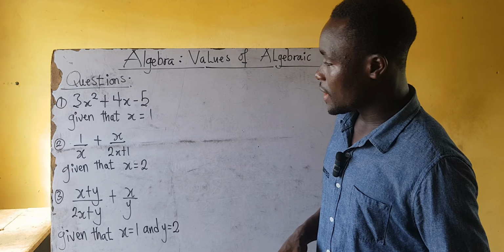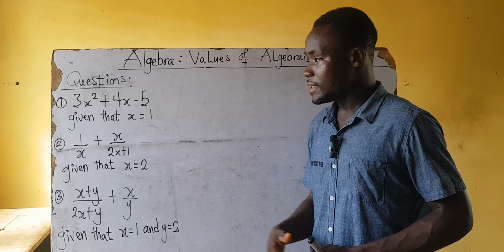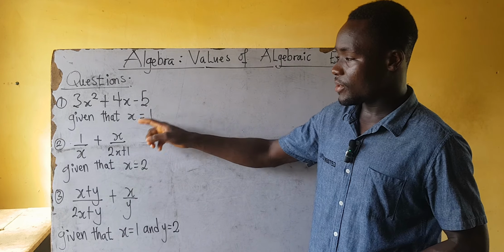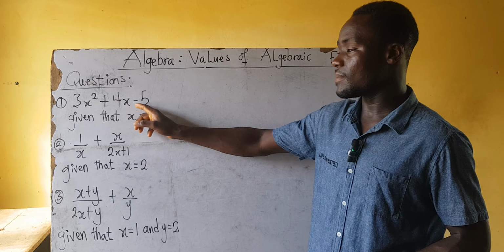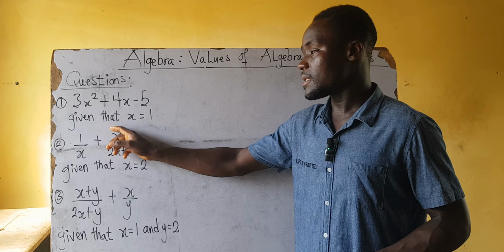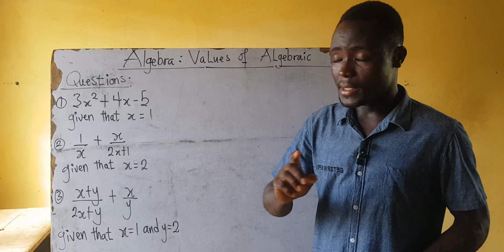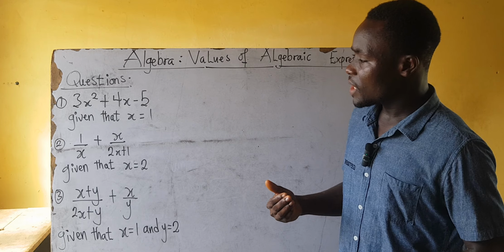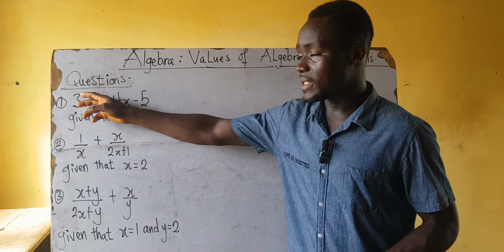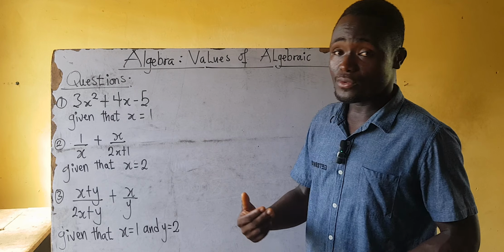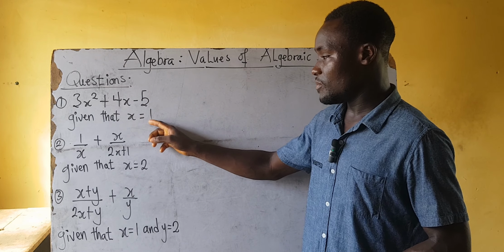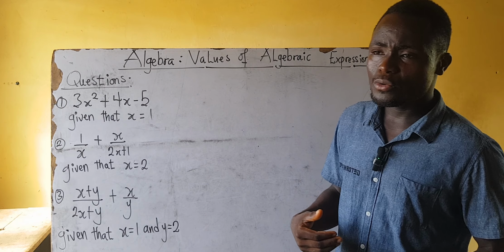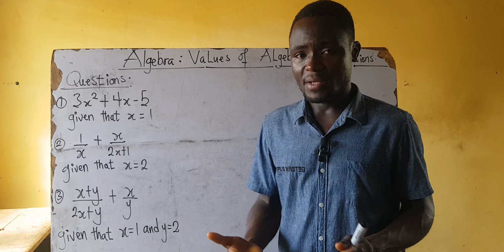For question number one, I have the algebraic expression 3x squared plus 4x minus 5, given that the value of x is 1. What it means is, I am going to find the value of this expression with a given value of the variable being 1.